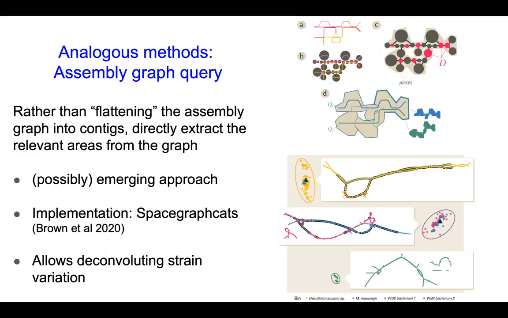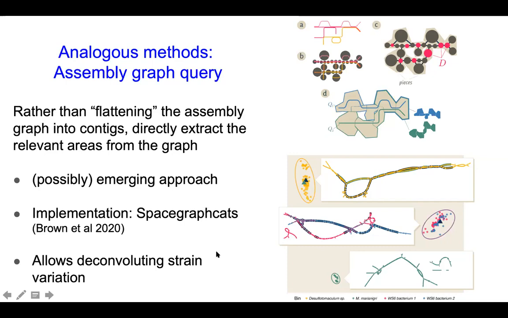Rather than taking the assembly graph and extracting the most probable DNA sequences from it, you leave the graph with all its imperfections and weirdnesses and possible sequencing errors, and you use that as the source of your data.